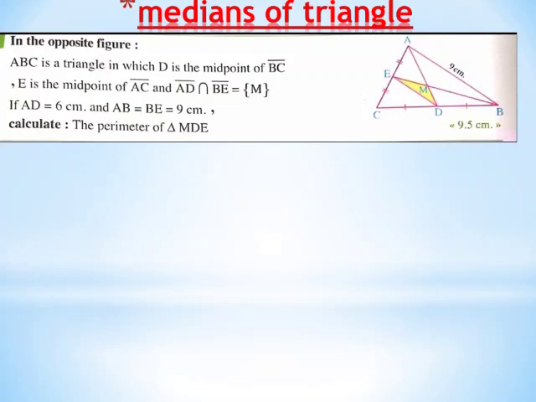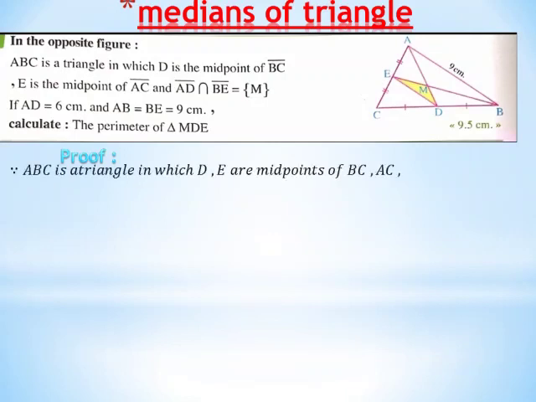Let's make it step by step together. First, we have to put the information: ABC is a triangle, D and E are midpoints, and the length of AB equals 9.